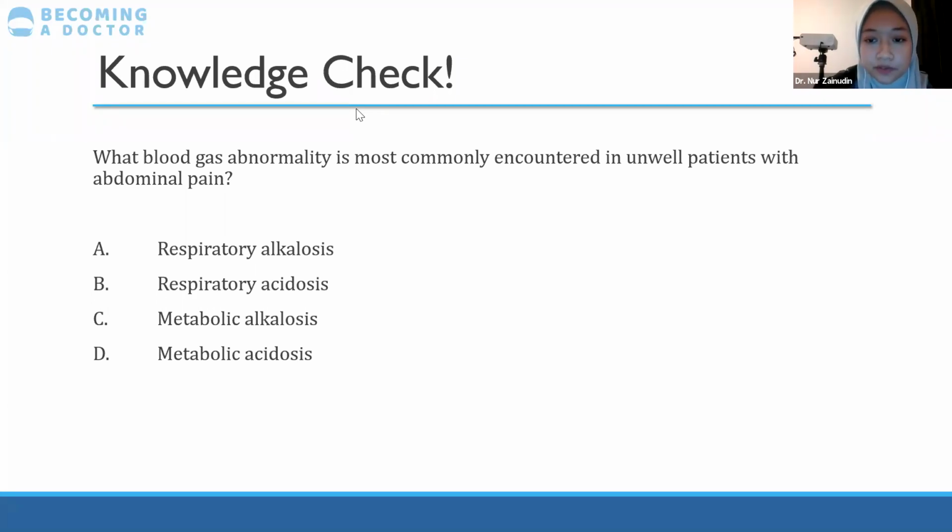Okay, I think most people have voted. Very good. Metabolic acidosis would be the most commonly encountered in unwell patients.